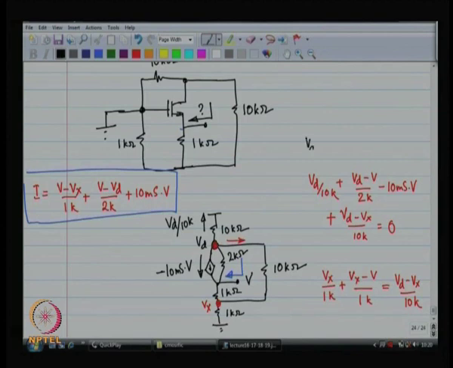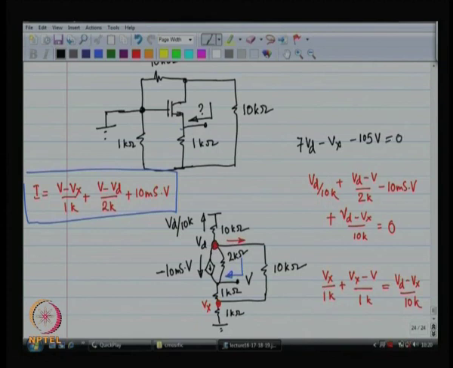So, I will have Vd plus 5Vd, that is 6Vd, minus 5 times V minus 100 times V plus Vd again and minus Vx is equal to 0.